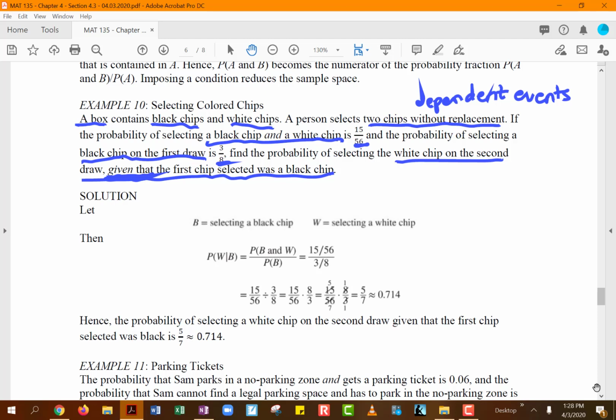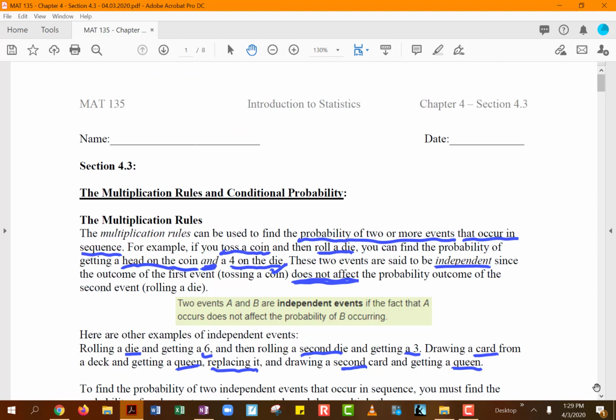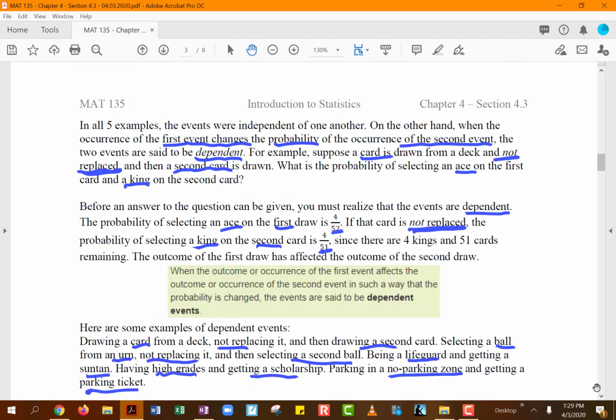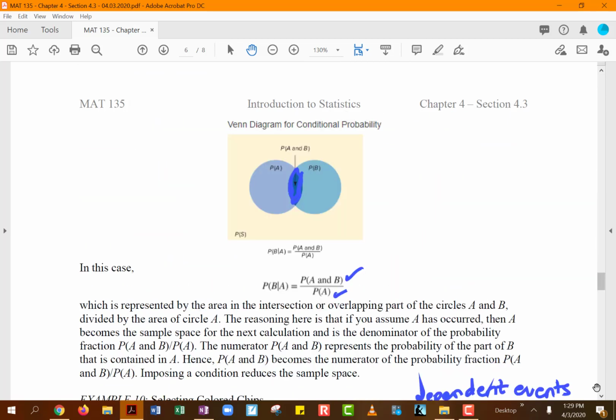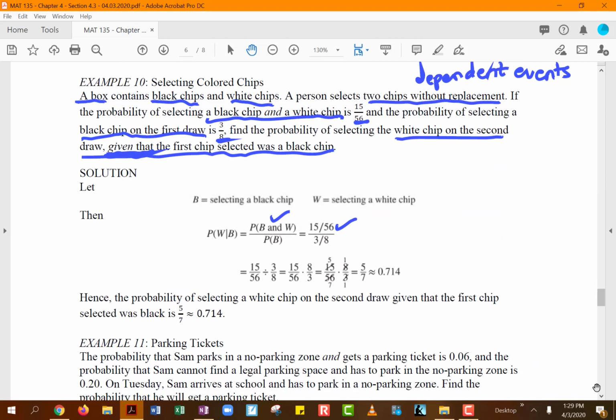So probability of black and white chip, which is this one here, they told us was 15 out of 56. And then the probability of selecting a black chip on the first draw, which is this one here, they're telling us is 3 out of 8.